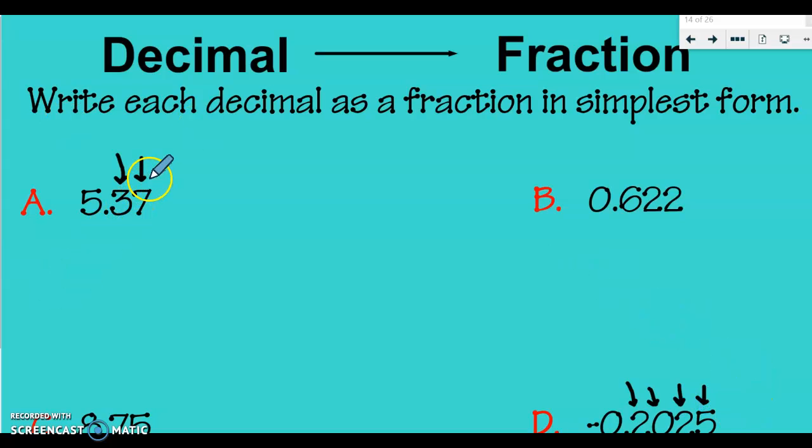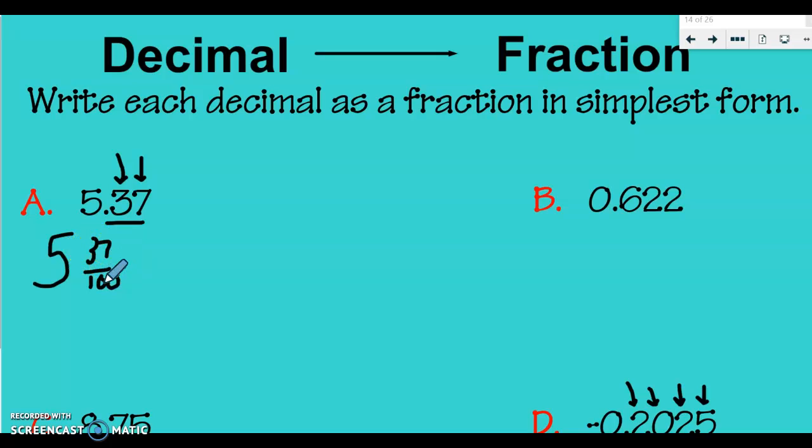That's important because the place value happens to be the denominator of that decimal. So 5 is your whole number, so I'm going to write 5 as the whole number. Your decimal's place value is going to be your fraction. So I have 37 hundredths, so it's going to be 37 over 100.